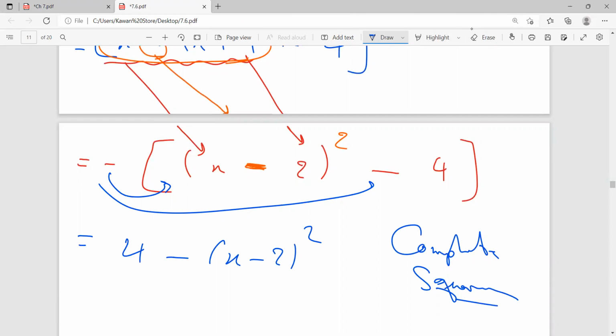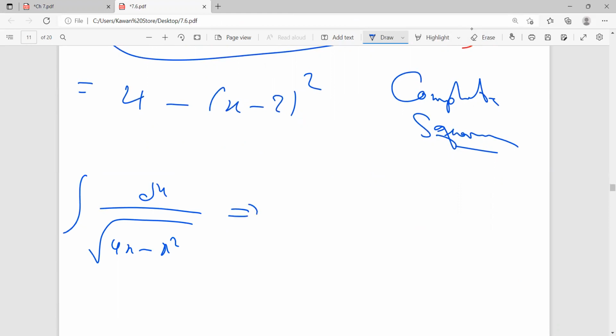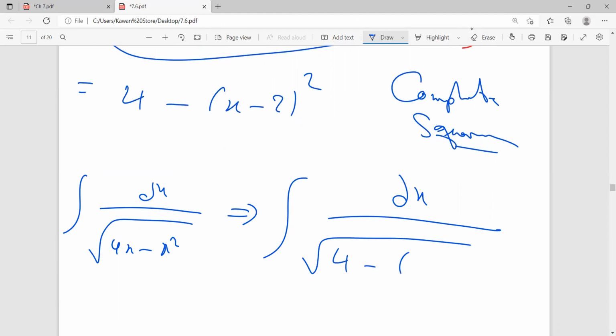Well, now that's why I changed 4x minus x squared dx into dx, 4 minus x minus 2 square. That one is not a complete square. That one is a complete square.